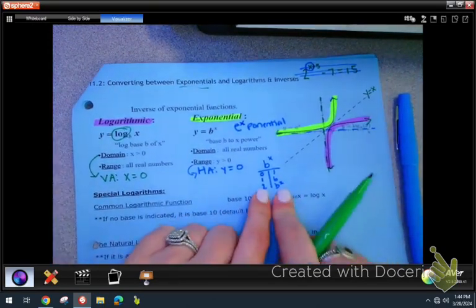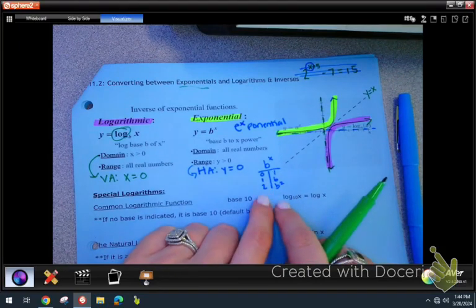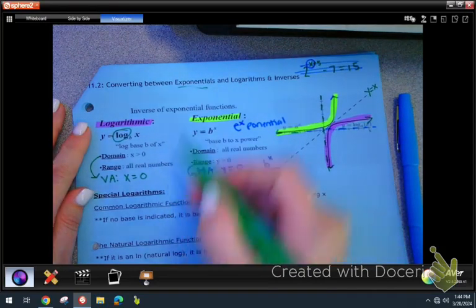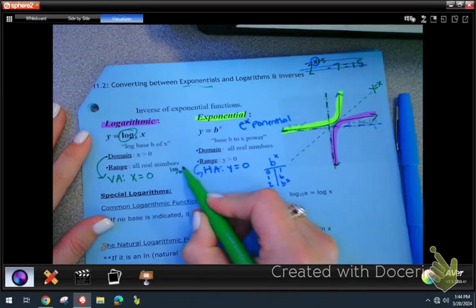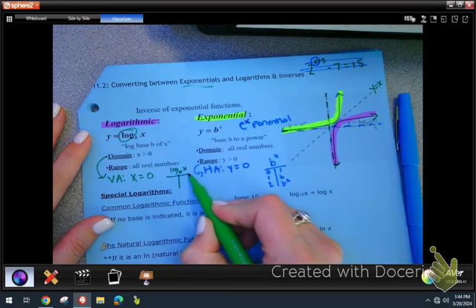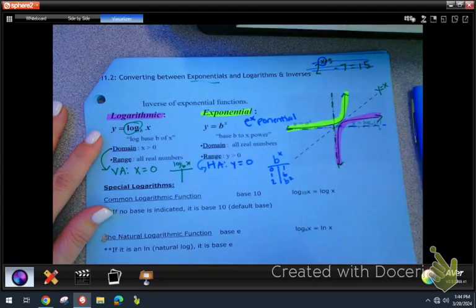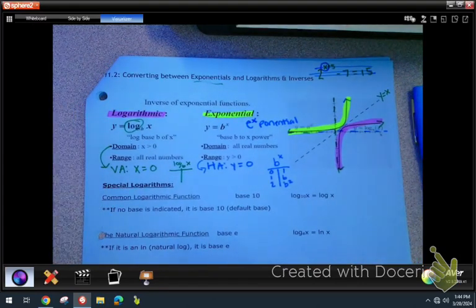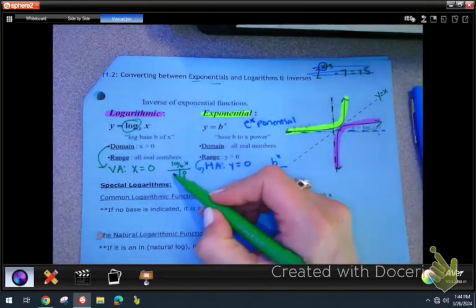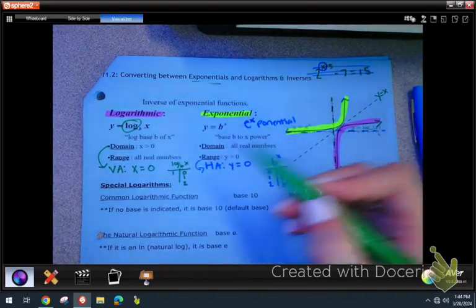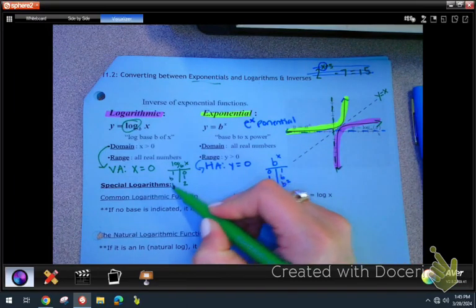Honestly, this would be what I'm writing at the top of my page when I get my transformations test. With logs, let's see if I can fit this over here. Log base b of x. Where does the 0, 1, 2 go? On the y's, it flips. 0, 1, 2, and then your x's are 1, b, b squared.